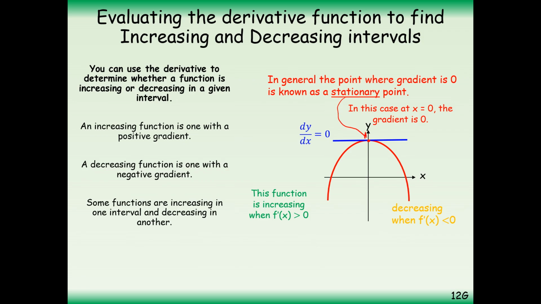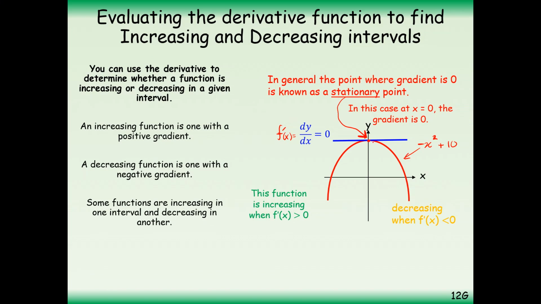If you haven't heard of this word before, it means when the gradient is zero, f dash of x will be zero, whatever x value we substitute in there, not necessarily because it's on the y-axis. It just happens to be that this function is negative x squared plus, let's say, 10.